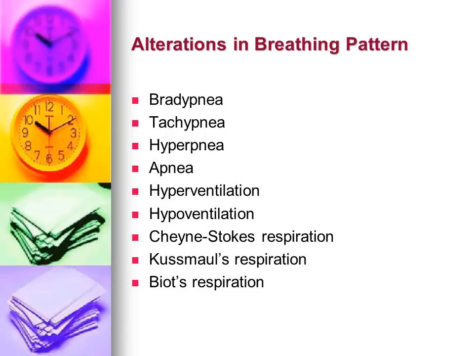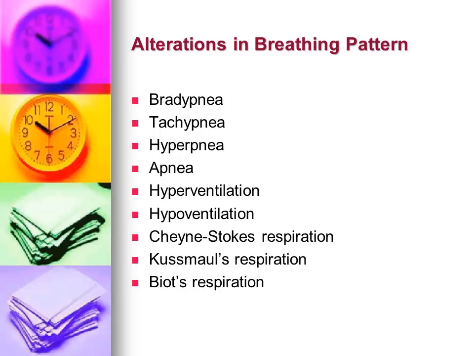Here's a list of alterations in breathing patterns. You do need to know what these words mean. Bradypnea is a rate of breathing that is regular but abnormally slow, less than 12 breaths a minute.